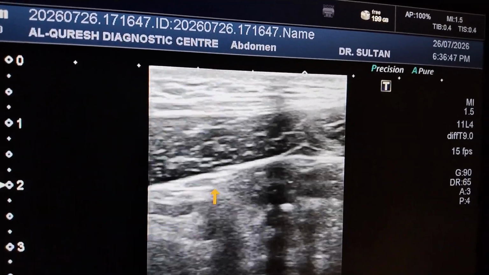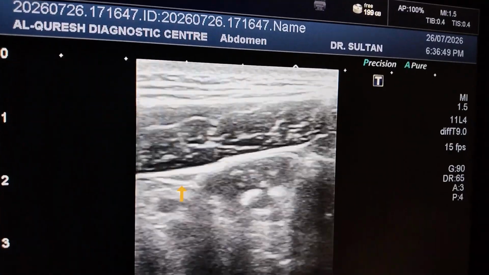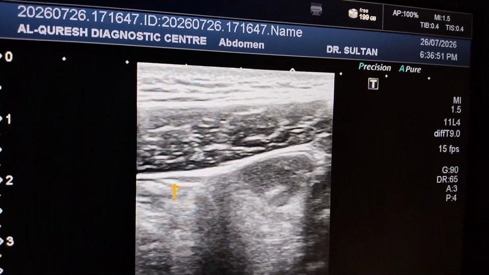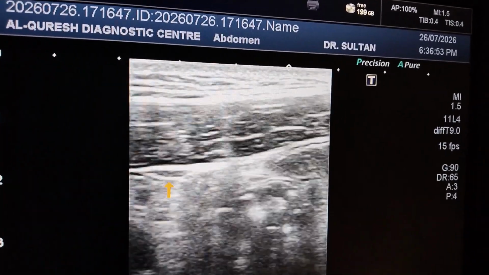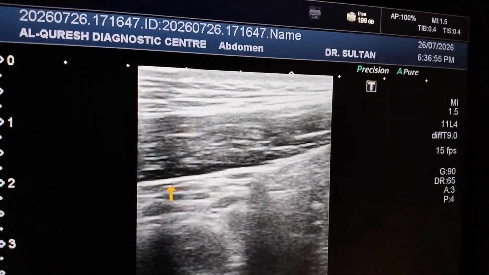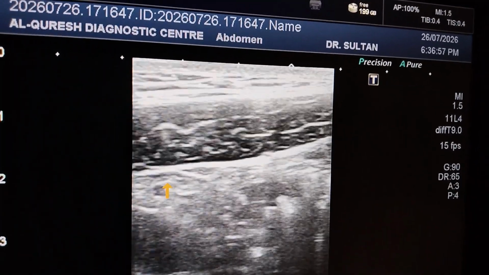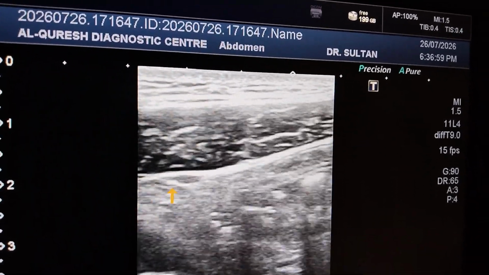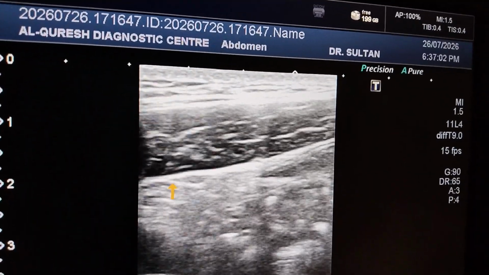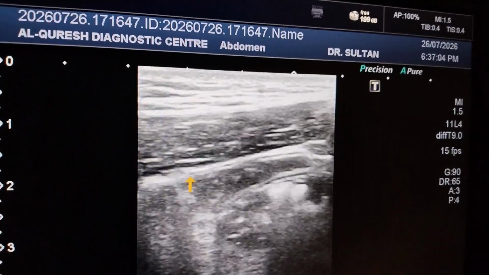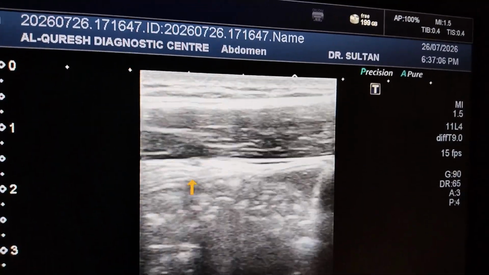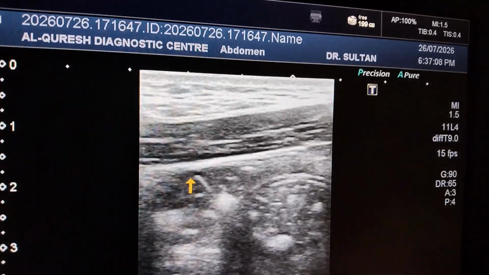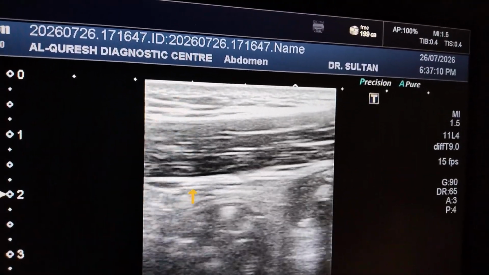It may disappear, but don't worry, Inshallah, we will locate the pathology this fellow is facing. This is the track coming.